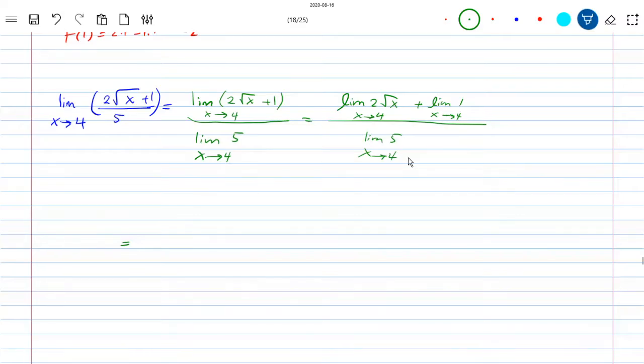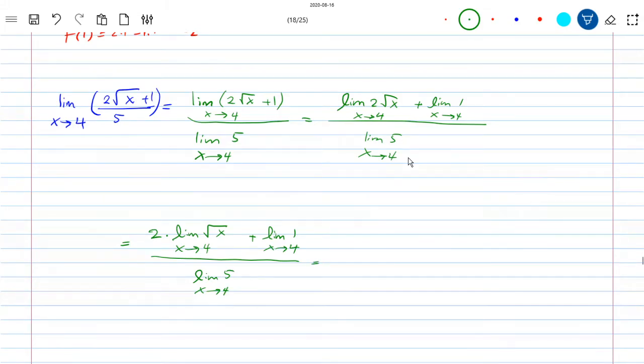The first part, I can move the 2 outside since it's multiplication. I can write it as 2 times limit square root of x as x approaches 4 plus limit 1 as x approaches 4, divided by limit 5 as x approaches 4.